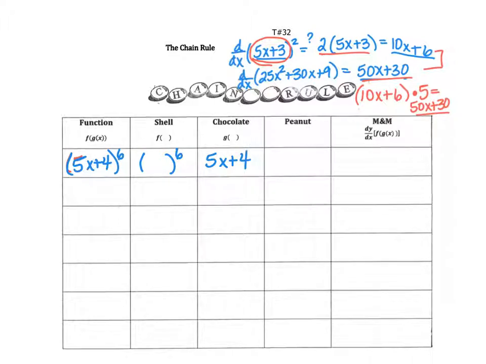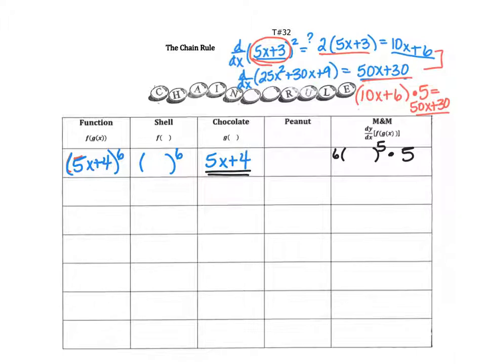But if I wanted to find the derivative, what you have to think of is take the derivative of each piece. So if I want to do a power rule, I'm going to do 6, power to the front, decrease the power by 1. And then I'm going to multiply by the derivative of this guy, which would be 5.